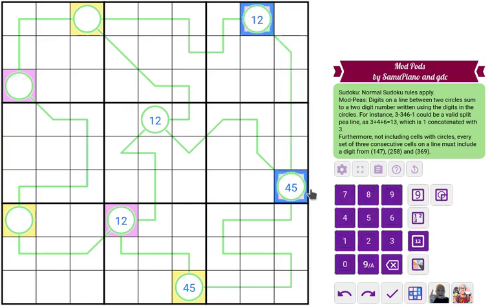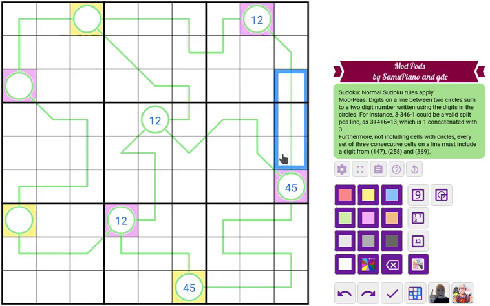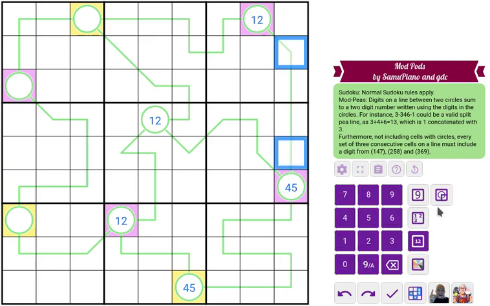Well, if it were 14, maybe going this way, we know that these three cells sum to a multiple of 3, let's say 12. If it were 14, this would be 12 and 2, or it could be 9 and 5. But anyhow, this is the modular class of this cell and this one.